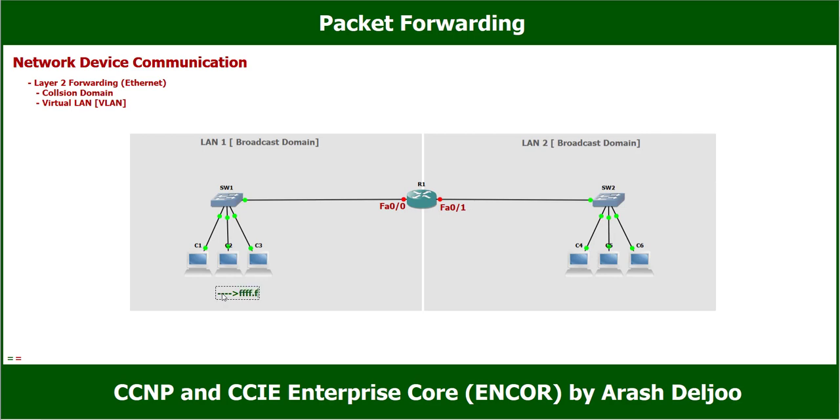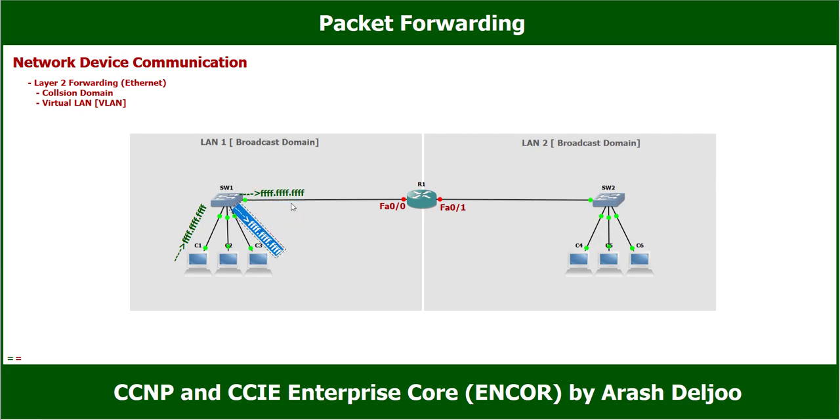The broadcast is sent to FFFF.FFFF.FFFF. This is the Ethernet broadcast frame. We are sending it. This frame reaches switch 1, and the switch should flood this broadcast, meaning it should forward it to all of its interfaces except the interface that received the traffic.